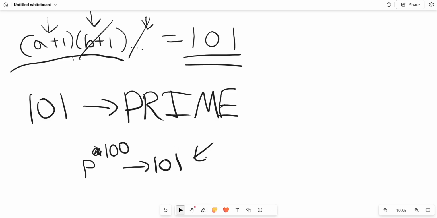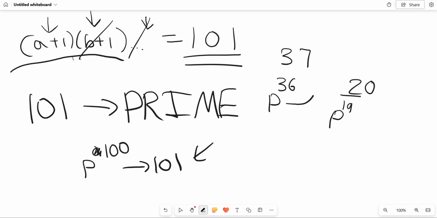factors, right? For example, if you wanted a number with 37 factors, we really could just take a prime number and take it to the 36th power. But that's what we could do. Or if you wanted a number with 20 factors, we could do a prime number to the power of 19. But for a number like 20, that's not very efficient. Because 20, we can split that into 5 and 4.